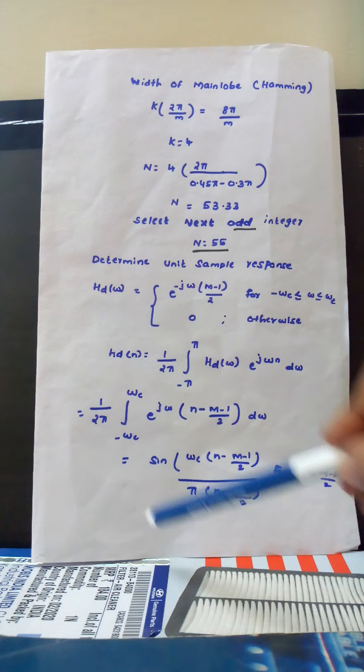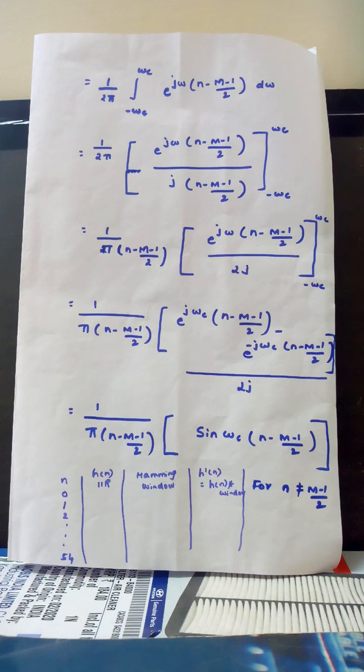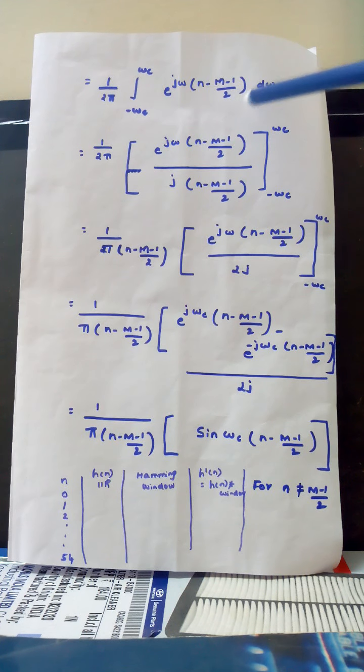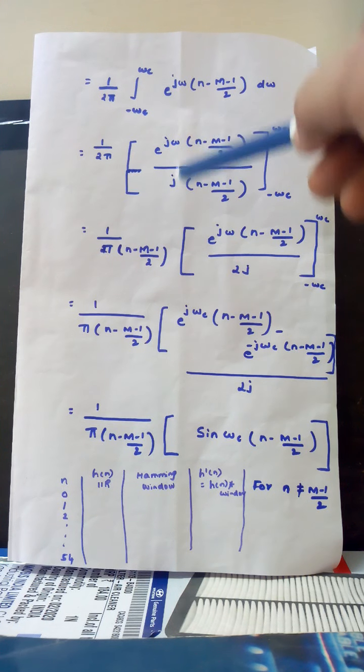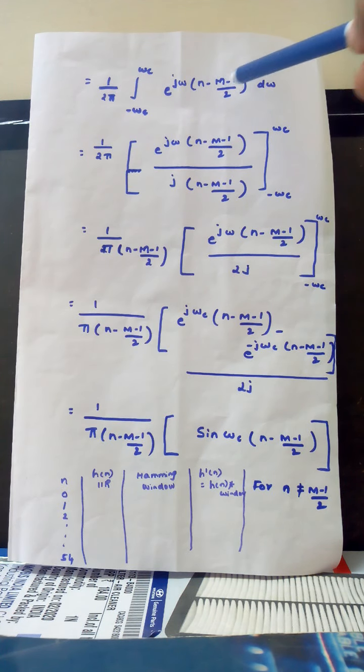I already told how to write the final answer, but you should not just write it; we have to solve it. We will see whether you get the same answer. If you substitute here, we get the term e to the power j omega into n minus m minus 1 by 2, into d omega. Integrating, you get this term divided by j into n minus m minus 1 by 2, because we are integrating with respect to omega.